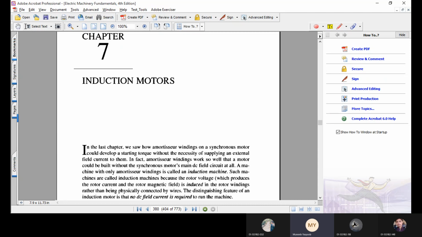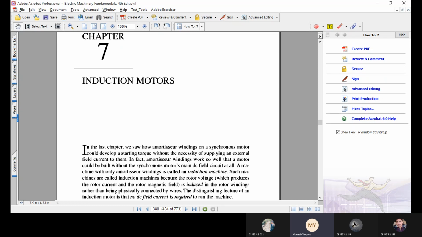Obviously this rotor magnetic field is stationary while the stator's magnetic field is rotating at constant synchronous speed. So the rotor's magnetic field tries to catch up with the stator's magnetic field, and in an effort to be aligned with it, the rotor and its magnetic field start rotating.